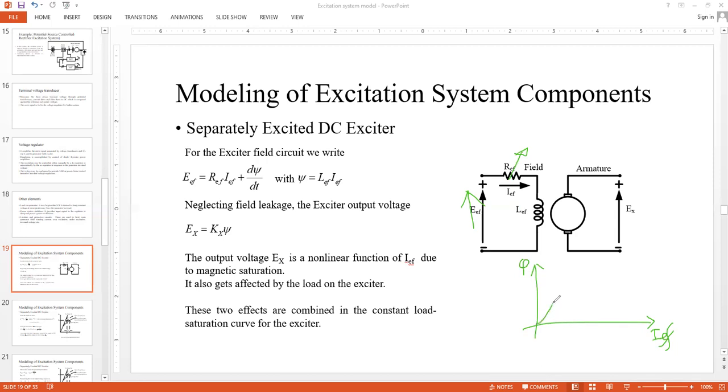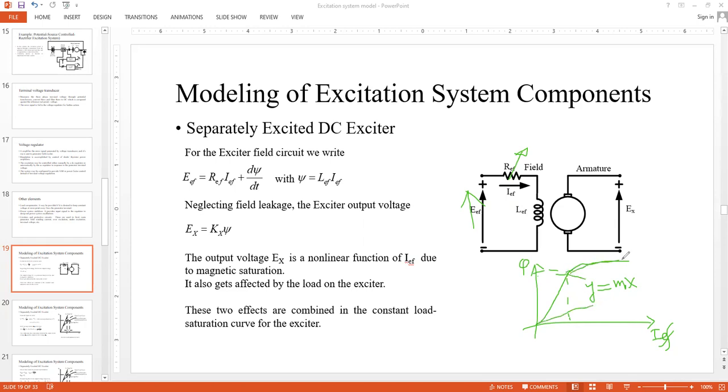It will go linearly up to a certain region, and then the problem starts. Up to this point it is linear, more or less like Y equals MX.